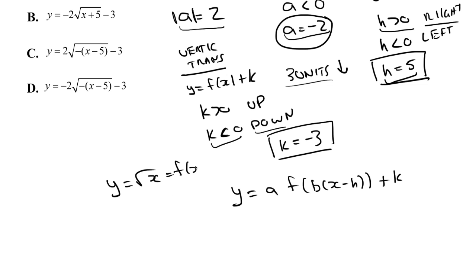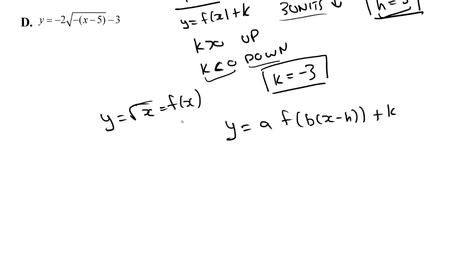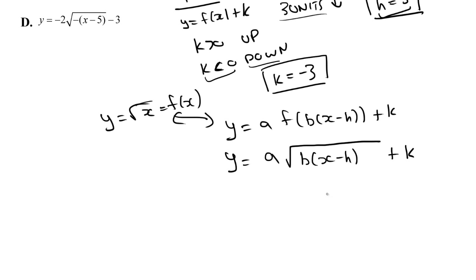So this is our f of x here. You're going to see how this relates to this general form. We write this as y equals a, and instead of f, we have the square root of x. So we put our square root here, put our b, x minus h, and add our k.